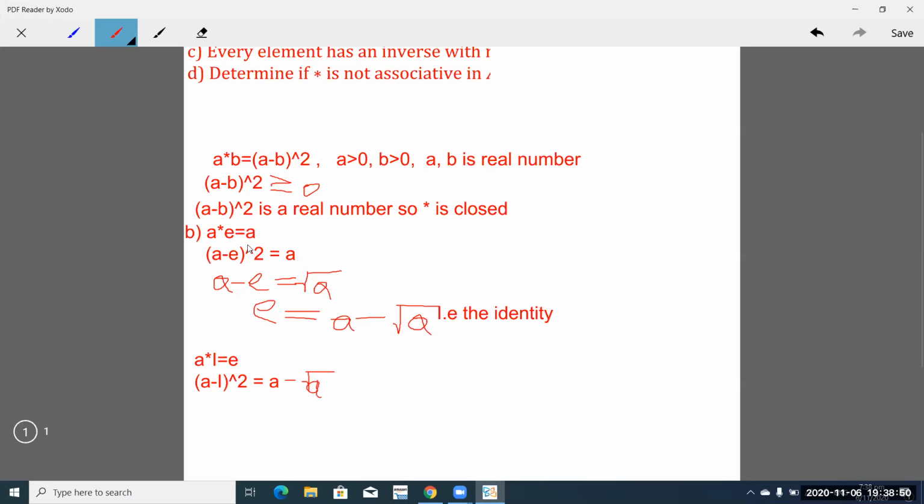We have to square root both sides. When we square root both sides, we're getting A minus I is equal to the square root of A minus the square root of A, right?